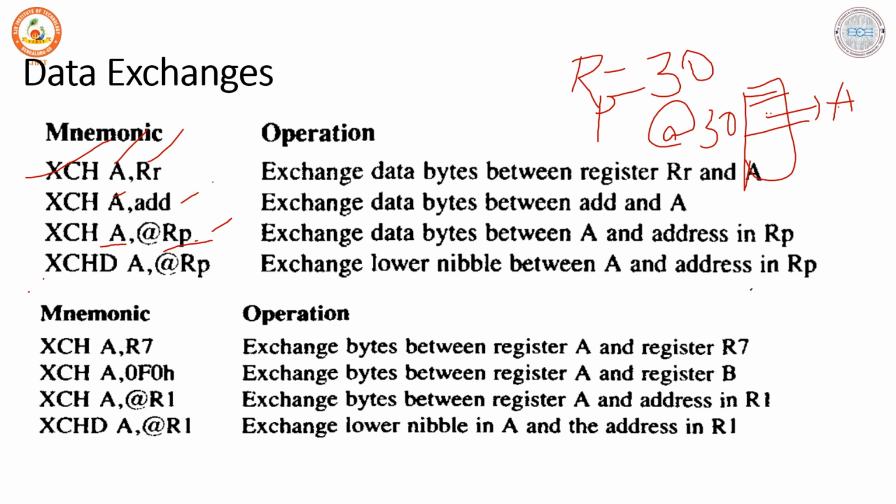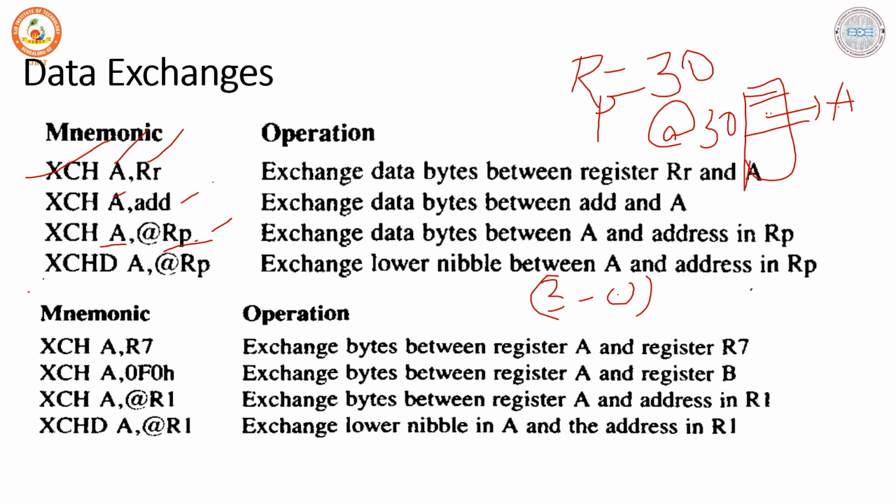And we have something called XCHD, which is the command that exchanges the lower order nibble of the accumulator, that means bits 3 down to 0, which usually represent a hexadecimal or BCD digit, with that of an internal RAM location, the address location, which is indirectly addressed by R0.